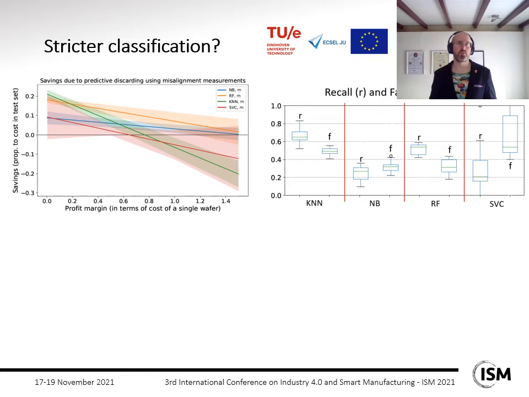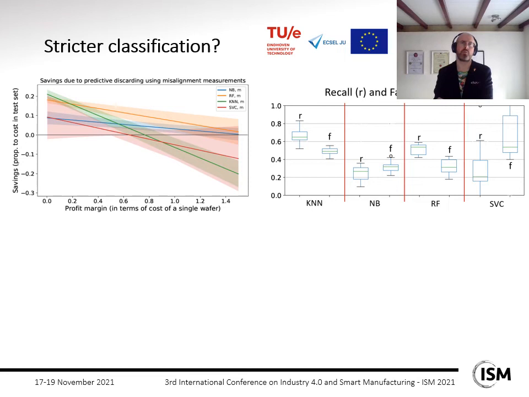The previous results shown here again are based on the idea that we would discard a wafer as soon as the prediction model says that it will not reach the end product quality. But when the false positives are very costly and we want to minimize them, we can also look at the wafers for which the model is very certain that they will not reach the end product quality.